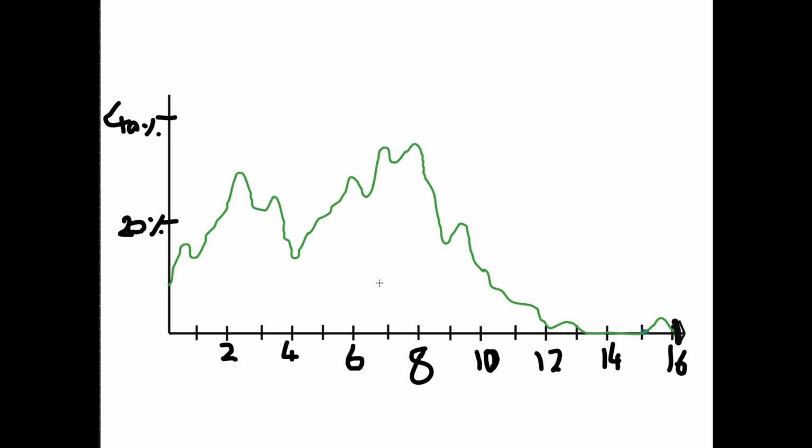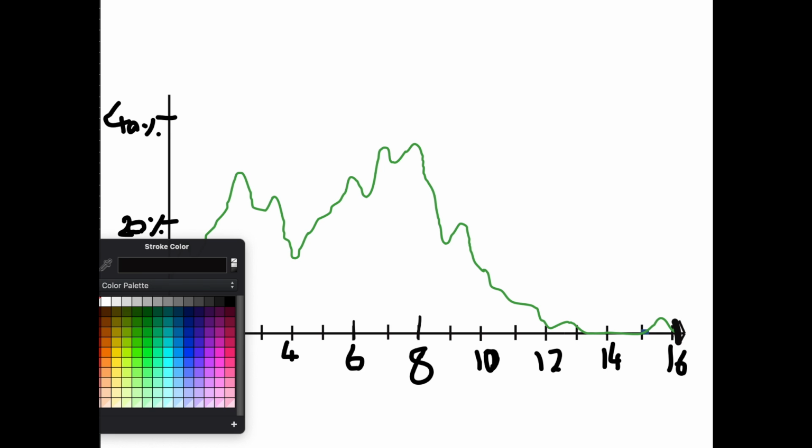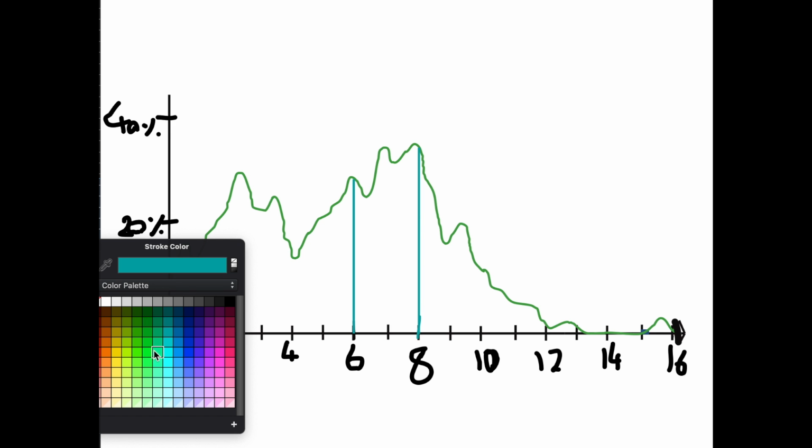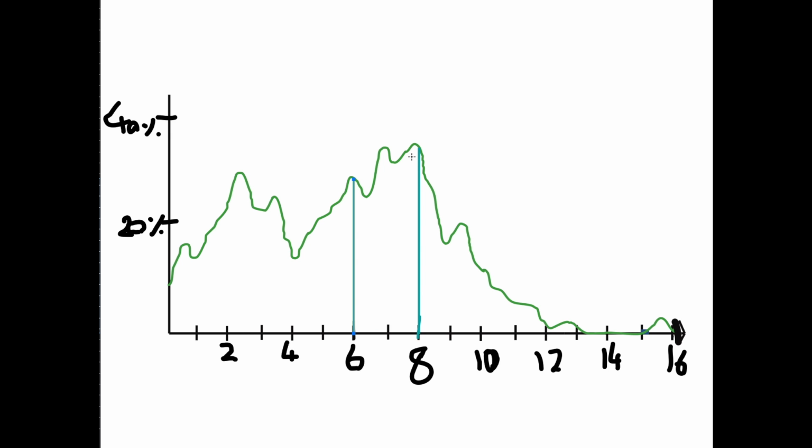So if you wanted to know how many kids did between 6 and 8 hours of computer time, we can figure that out by using the line tool, looking at the graph and going to the 6 and 8 here, and anywhere in between.